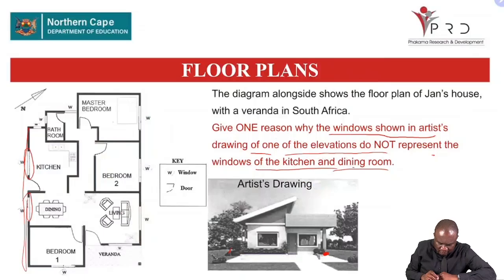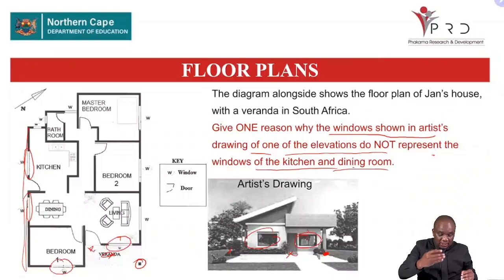There's a veranda. There's a window. There's a window there. And then the door. So this artist drawing is actually showing us which elevation? This should be northeast. So this should be the east elevation, this side.